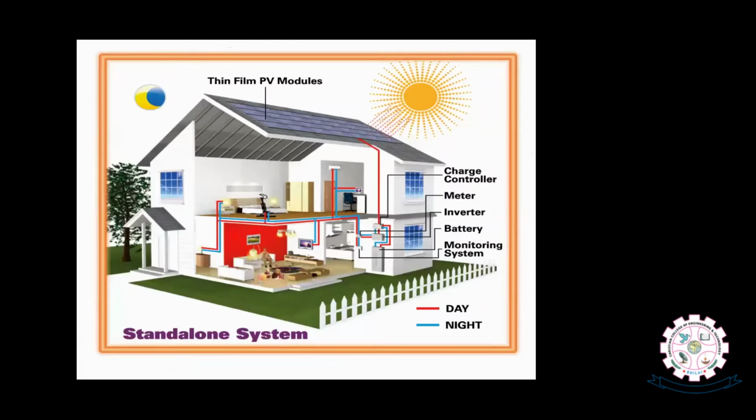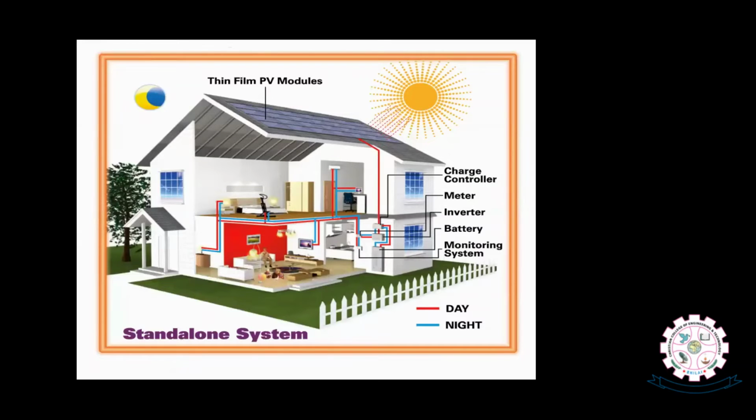And again, thin film solar modules. You know that now electricity is a basic problem, and solar energy is abundantly available. So how do we make use of it? We will be able to make solar panels and generate power. Earlier this cost used to be very high.